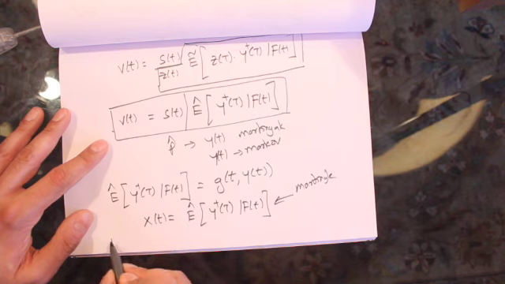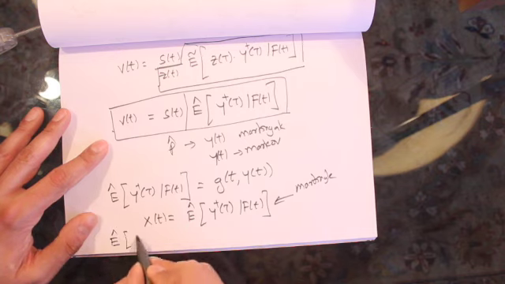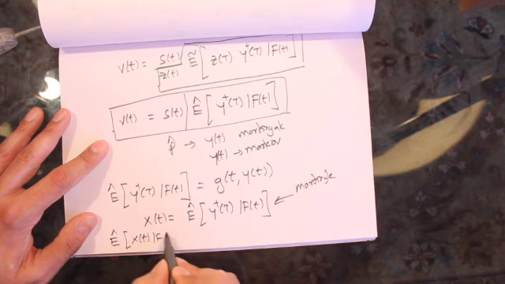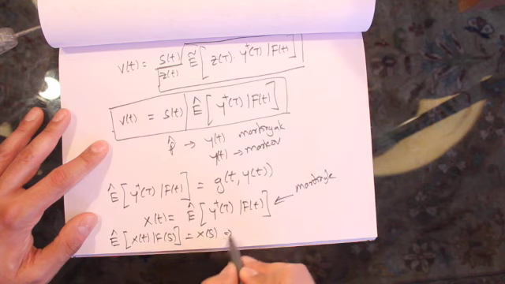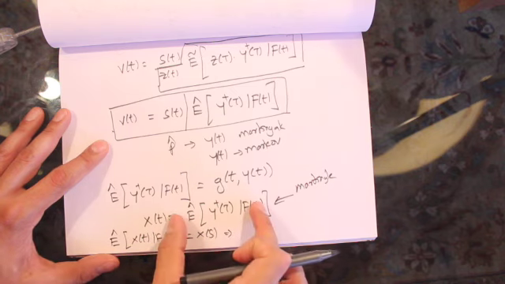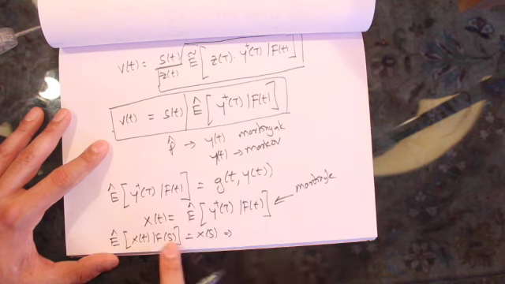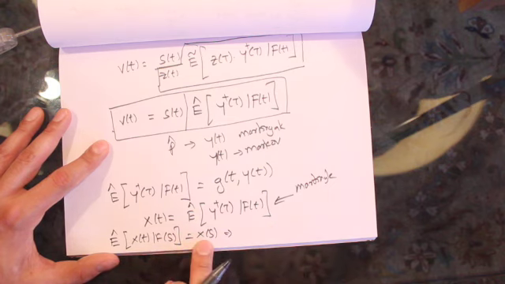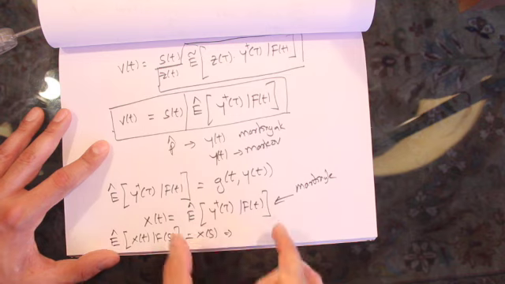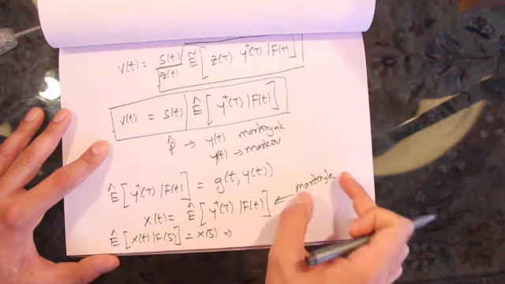What is the martingale property? That e hat of x of t given information at time s is equal to x of s. And from here we can see x of t is nothing but this. And if I put a conditional expectation f of s on that, I can use iterated conditioning and I'll get that equal to x of s. So this expectation is a martingale.